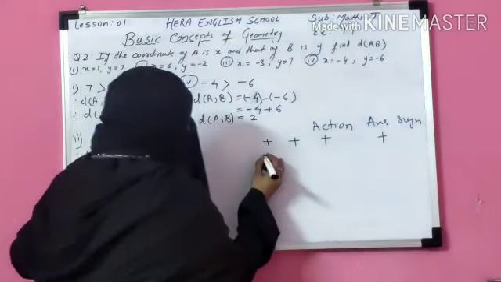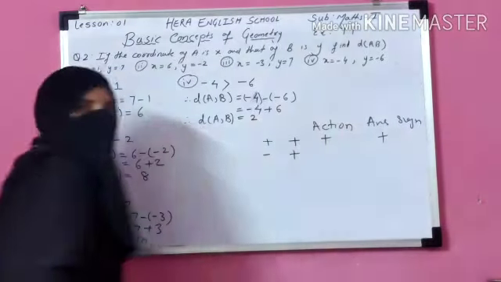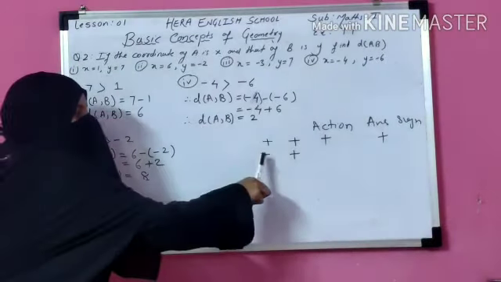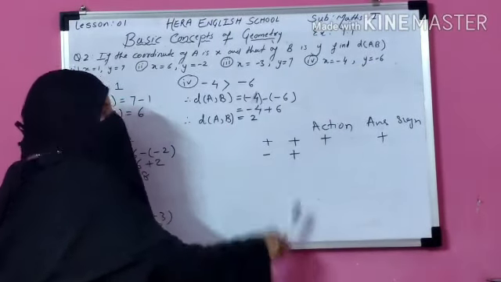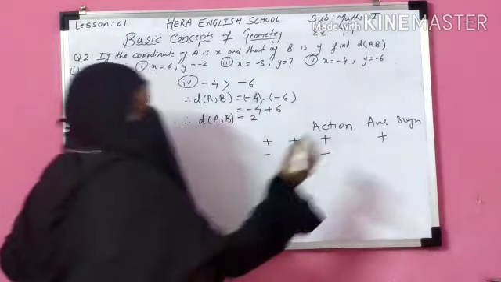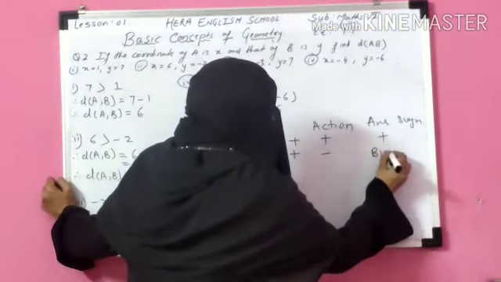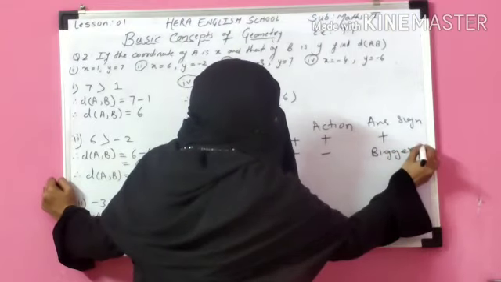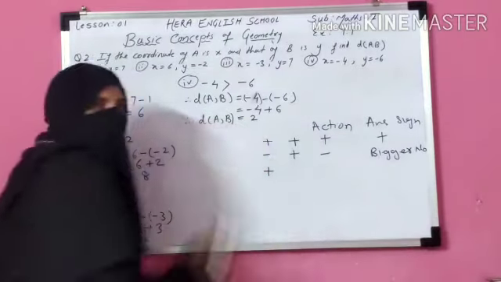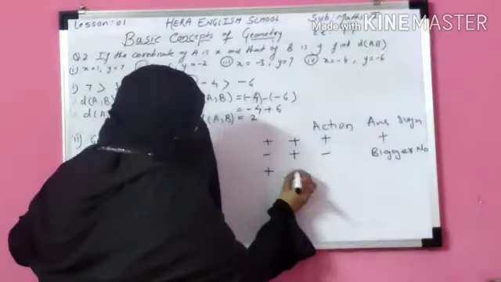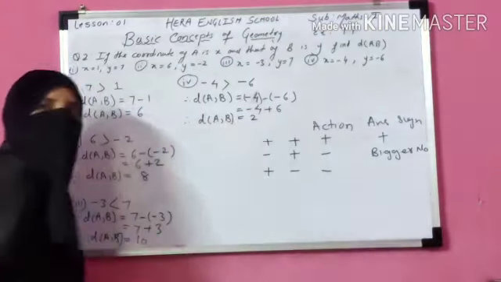Next, if your first number is minus and second number is plus, then minus plus action is minus. Okay. And for the answer sign, give the sign of the bigger number. Next, if your first number is plus and second number is minus, then plus minus is minus.